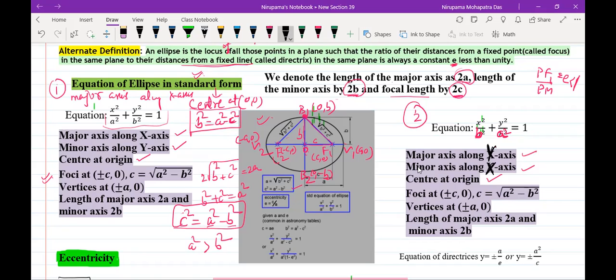Here it will be (0, ±c). Just let me rectify this. And vertices at (0, ±a). Everything else remains the same.